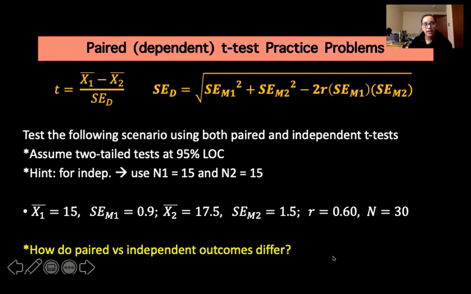Because paired t-tests are usually, I don't want to say they're always better, but usually you have better homogeneity of variance. In a between subject design, a lot of times you're assuming these samples have been drawn from the same population.